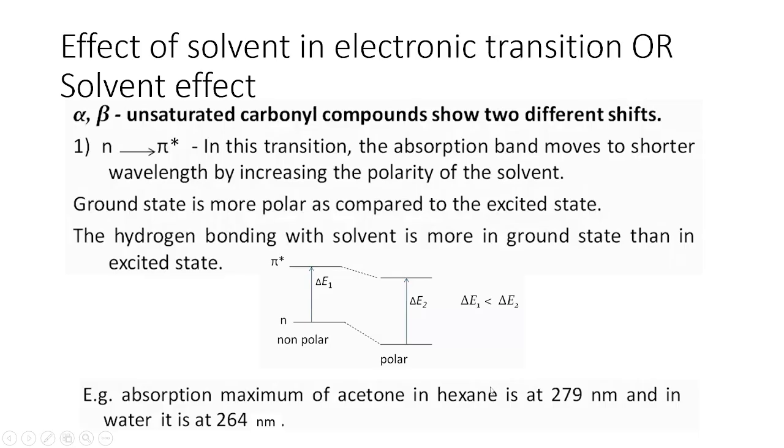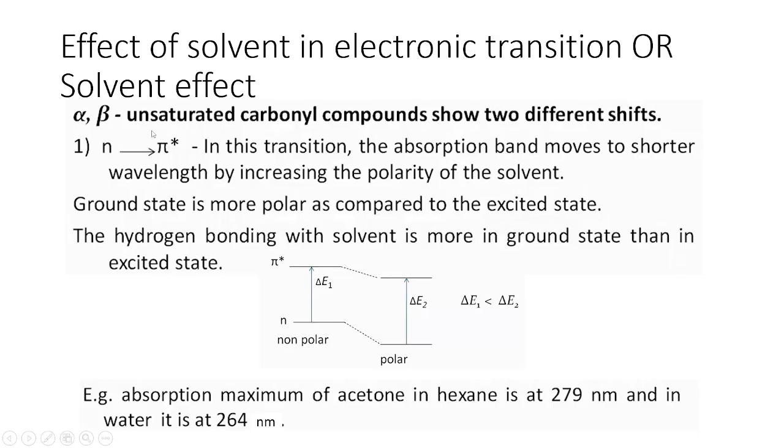Now, the effect of solvent on electronic transition, or solvent effect. An alpha beta unsaturated carbonyl compound shows two different shifts. For n to pi star, in this transition, the absorption band moves to the shorter wavelength by increasing the polarity of the solvent. That means in a nonpolar solvent, the alpha beta unsaturated carbonyl compound has an n to pi star transition energy delta E1.